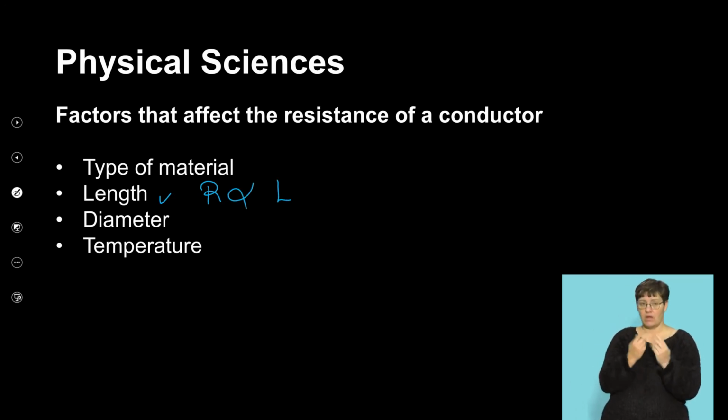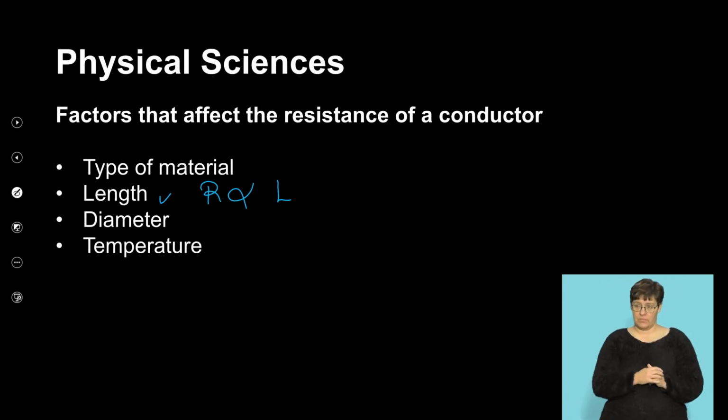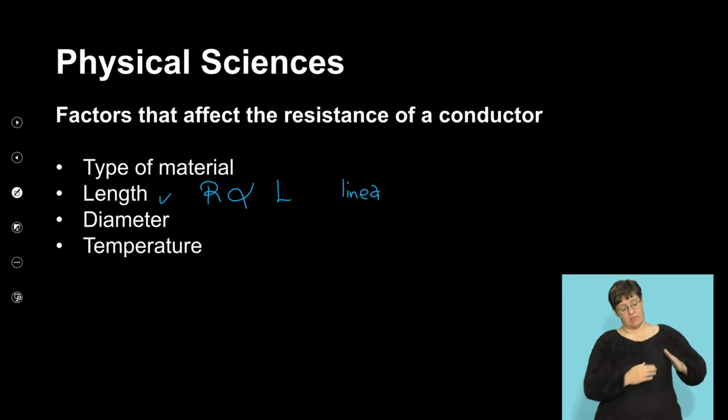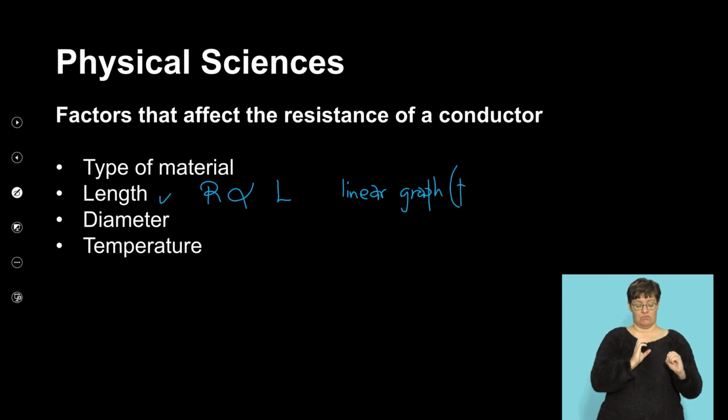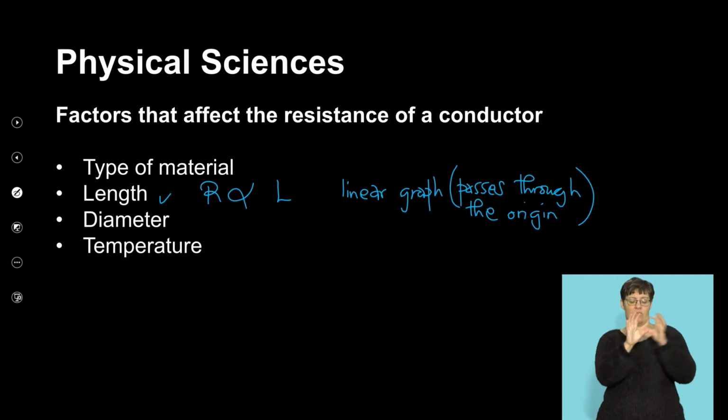If two quantities are directly proportional, we must get a linear, straight line graph that passes through the origin. That mathematical relationship can only be true if we have a linear graph which passes through the origin.